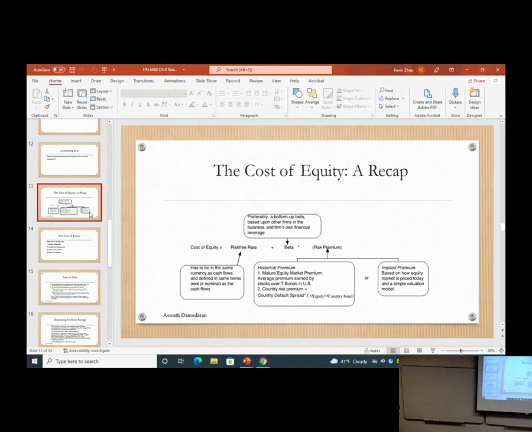Yeah. Okay. What's hard here is the cost of debt. So let's say a company has just one large issue of debt, 10-year bond that they issued, right, with a coupon rate of 5%. What's the cost of debt?